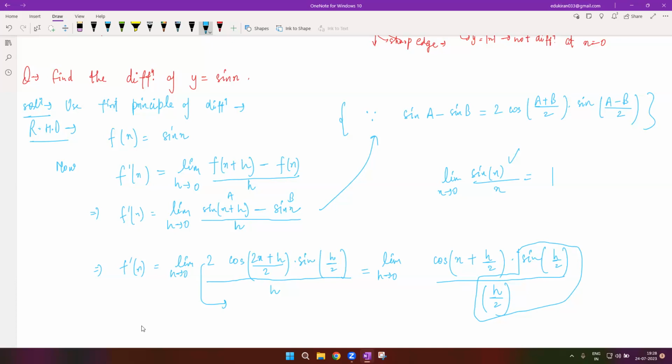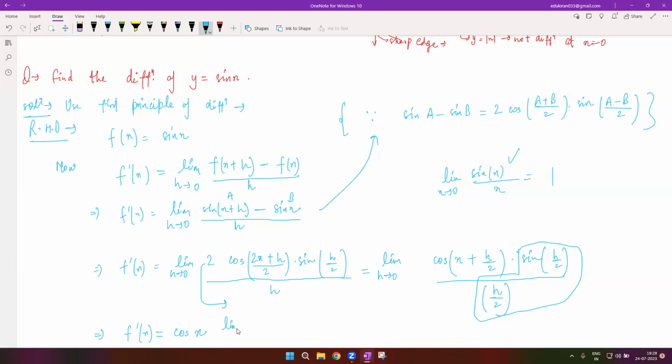So you can rewrite this expression. Only cos x is left. We can write this cos of x outside, because we are putting h = 0; h by 2 becomes 0, so cos of x plus h by 2 becomes cos x.